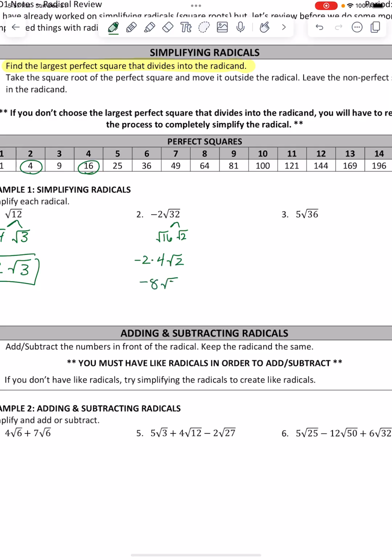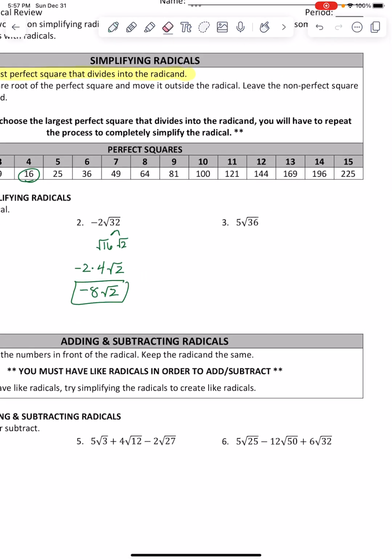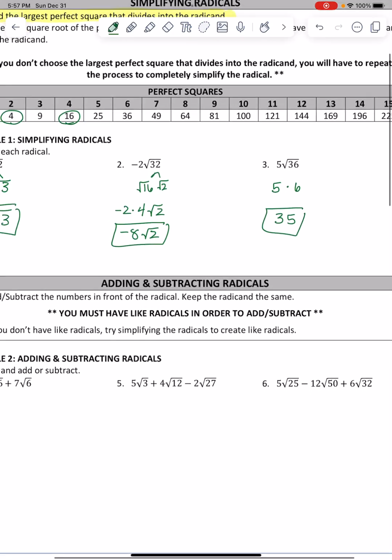So negative 8 square root of 2. And then for number 3, 5 square root of 36. 36 is a perfect square. The square root of 36 is 6. So it's just 5 times 6, which is 30. So that's what we're working with.